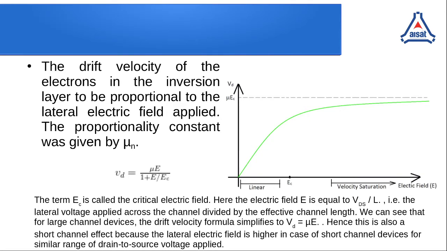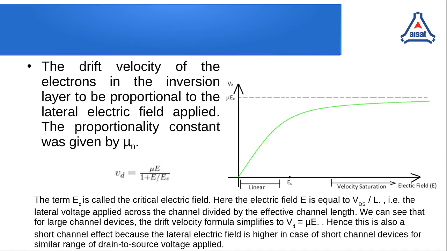So the dependency of the drift velocity can be mathematically said as VD. The drift velocity is equal to mu E by 1 plus E by EC, where mu is the proportionality constant and EC is the critical electric field. And the electric field E is equal to the applied drain to source voltage VDS divided by L, which is the channel length.